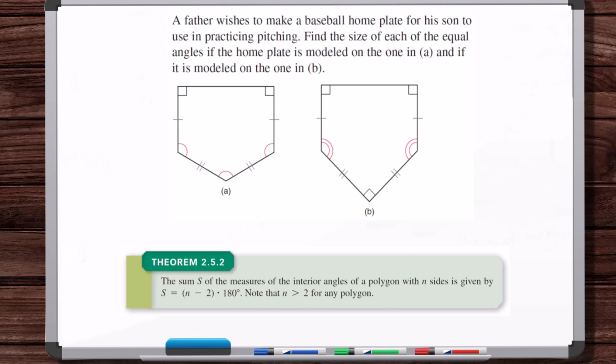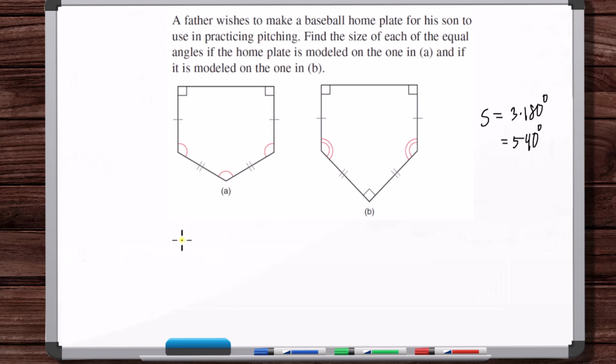So we've got two pentagons here. S is going to be equal to 5 minus 2 is 3, so 3 times 180. That's 540 degrees. Okay, so in part A, if we say that each of these three is measure X and the other two are 90, then 90 plus 90 is 180, plus 3X is equal to 540.